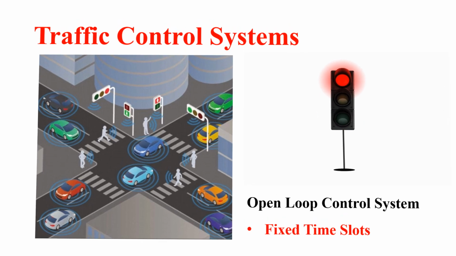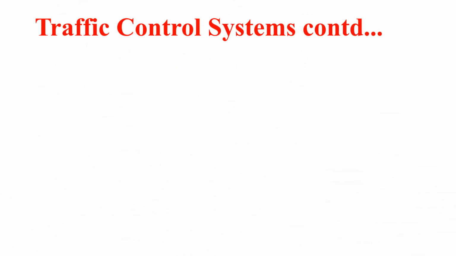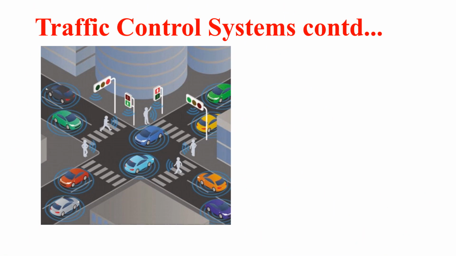Let me consider the same traffic control system, how we can make this a closed loop control system. This open loop traffic system can be made a closed loop system if the time slots of the signals are based on the density of the traffic. In a closed loop traffic control system, the density of traffic is measured on all sides and the information is fed to a computer.